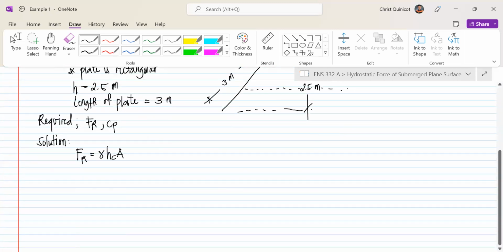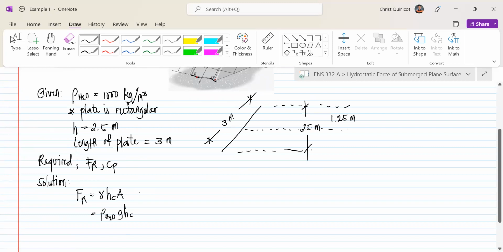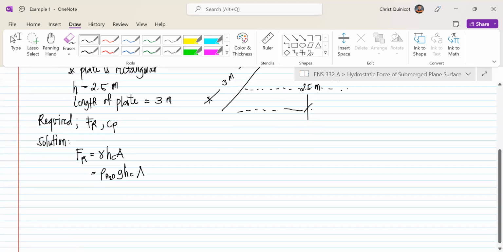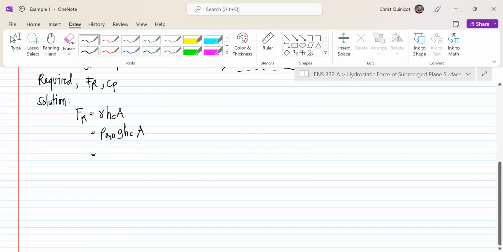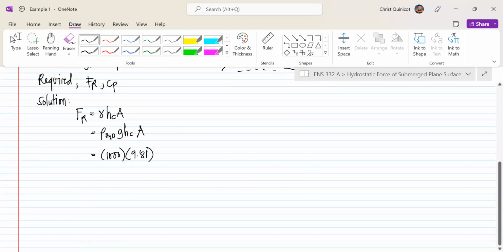Okay, now we know that our gamma is equal to rho g, so let us rewrite this one as rho of H2O times the acceleration due to gravity times the center of where our resultant force acts, at the centroid of our plate, times A. Now this is equal to our density, which is 1000, times 9.81 for our acceleration due to gravity, which has a unit of meter per second squared.